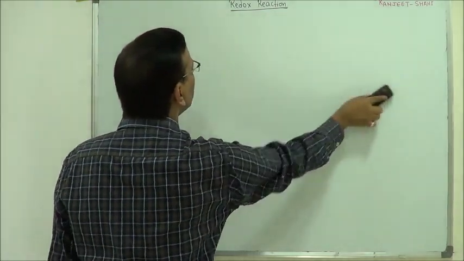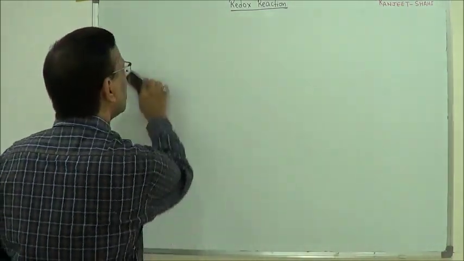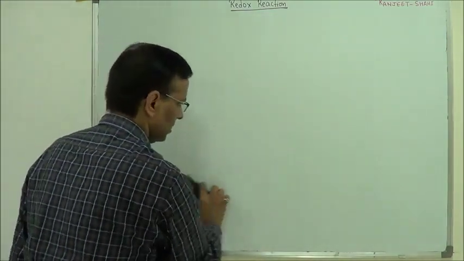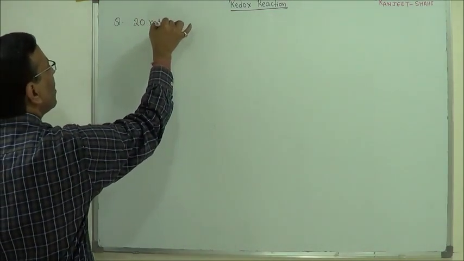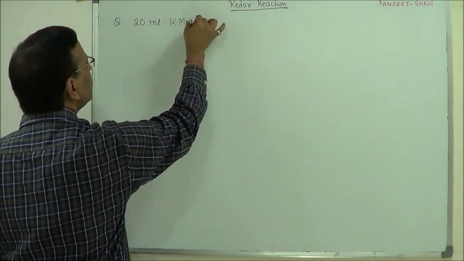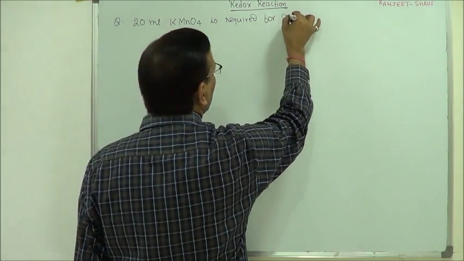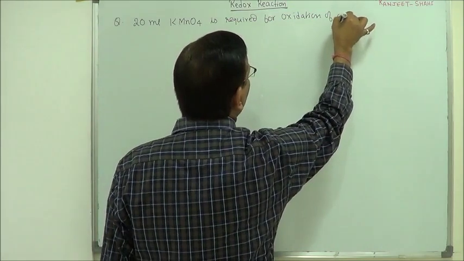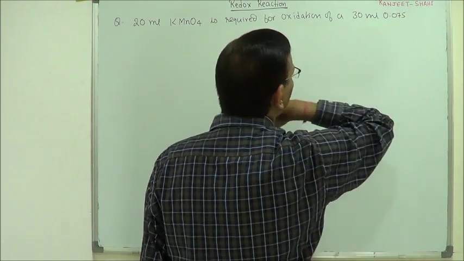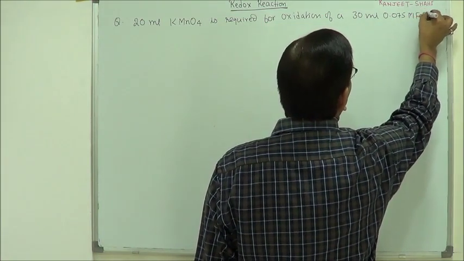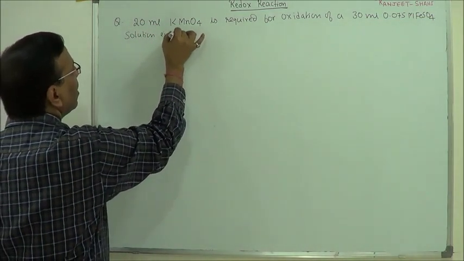So suppose we have been given a situation that 20 ml potassium permanganate solution is required for oxidation of 30 ml 0.075 molar ferrous sulfate solution in acidic medium.